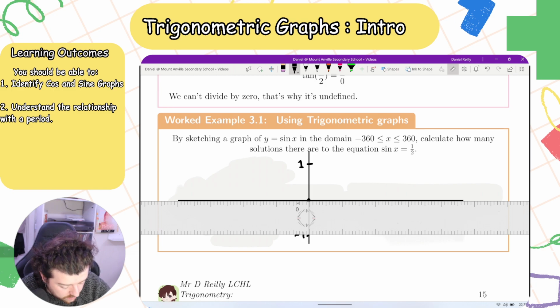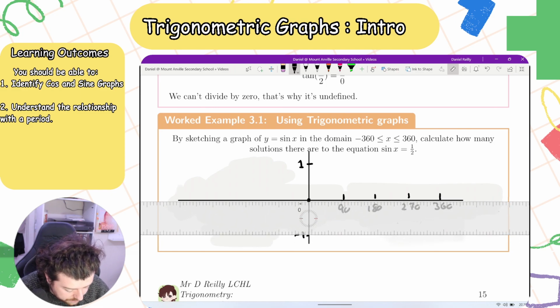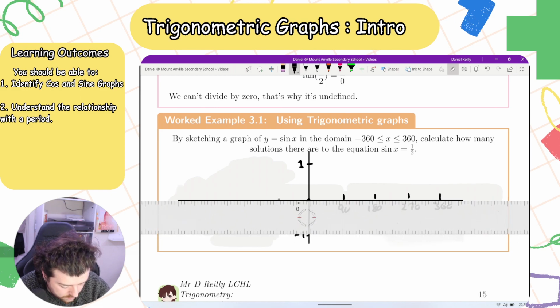So that's 90, 180, 270, 360. And now we do the same back here: minus 90, minus 180, minus 270, minus 360.